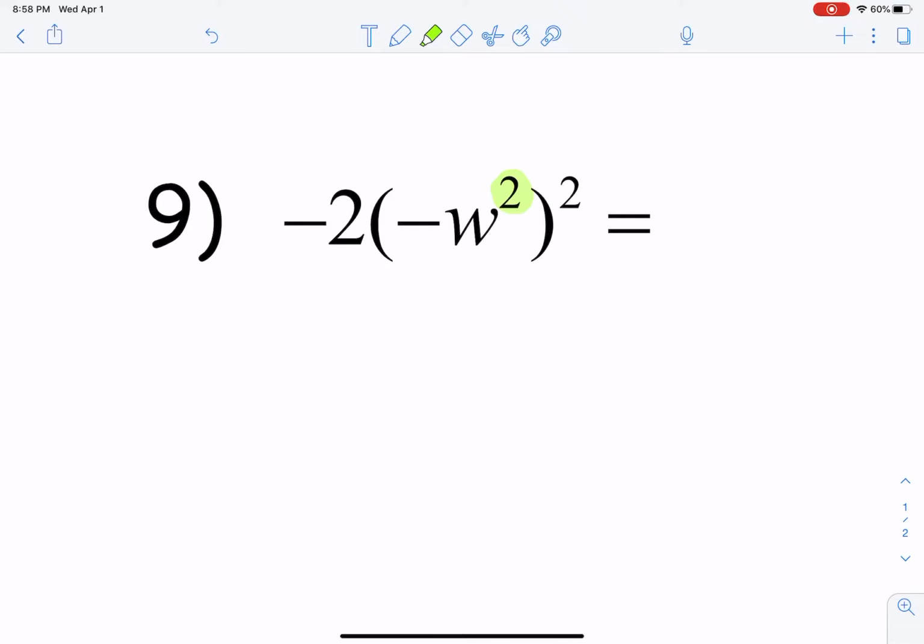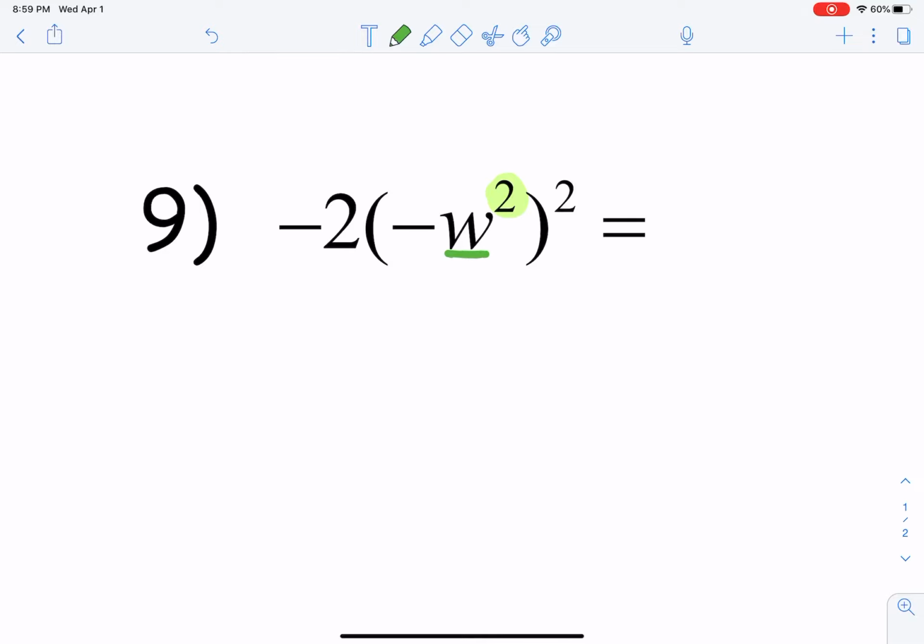A lot of you guys said it was attached to just what? Well, I was going to say the answer, but I want you to pause the video and think to yourselves, what is that exponent attached to? Okay, do you know what it's attached to now? It's only attached to this W, only to the W.